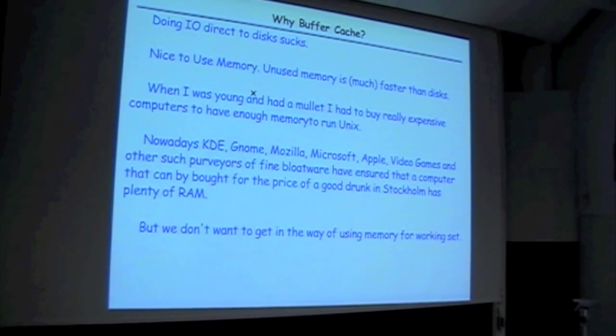So, as I said, when I was young and had a mullet, back in the 80s, I had to buy really, really expensive computers to use Linux, to use Unix, to use, you know, BSD 386 or nascent versions of Linux.